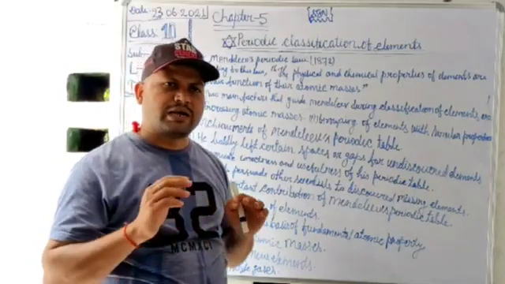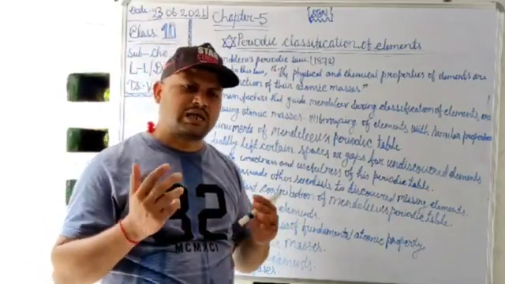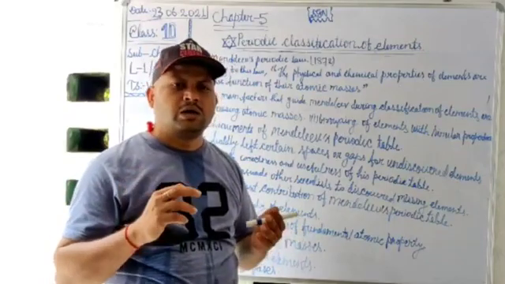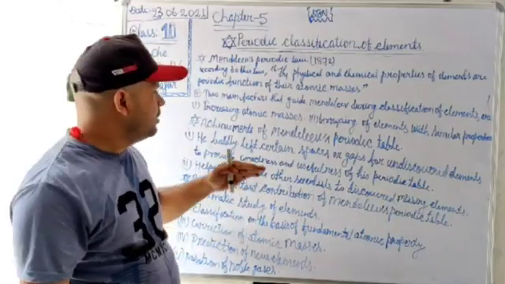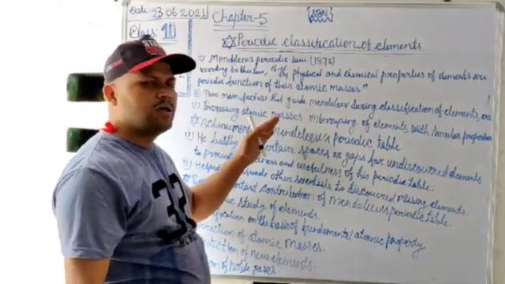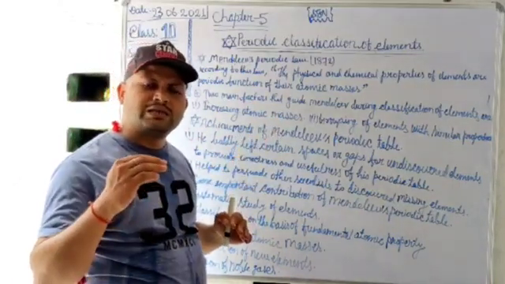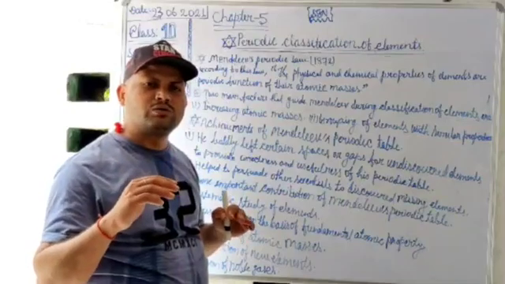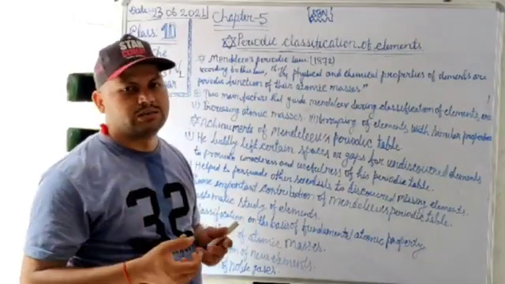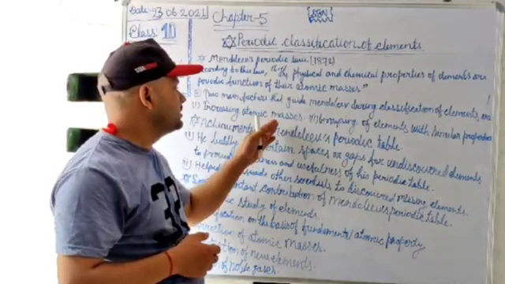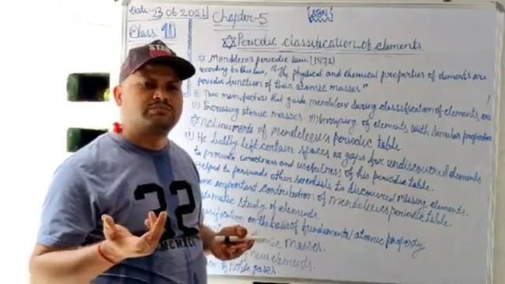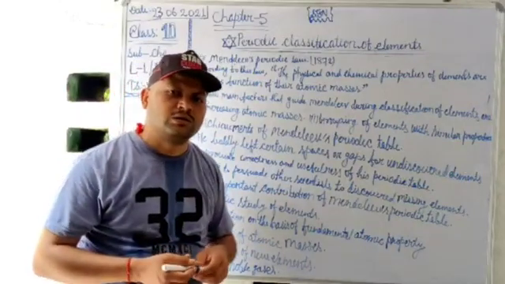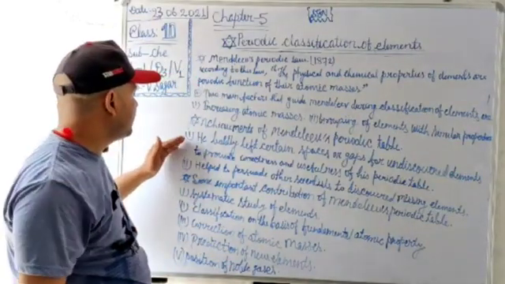After writing all the things and describing all the properties, he concluded and decided to arrange the elements according to increasing order of masses, which came into the picture as the periodic classification of elements.